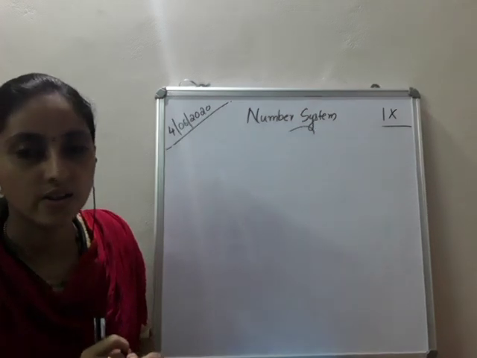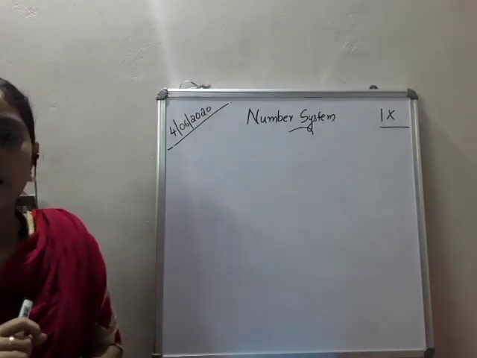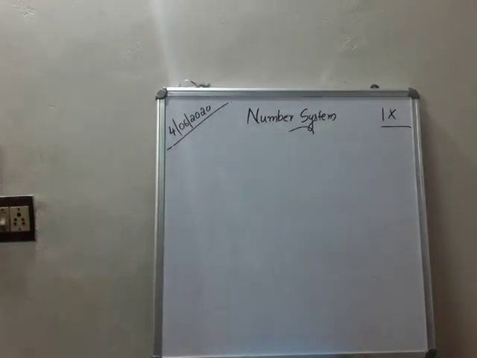Please write down in your notebook: conversion of a decimal number into the rational number of the form p by q.